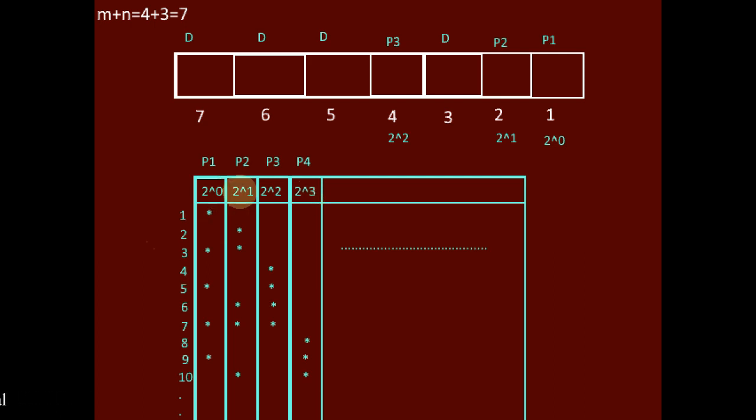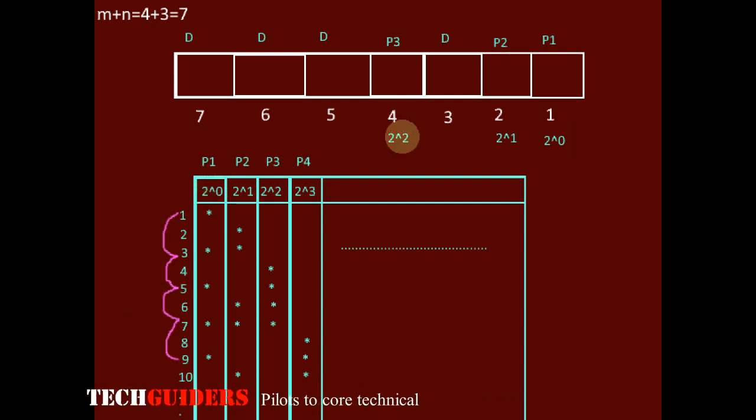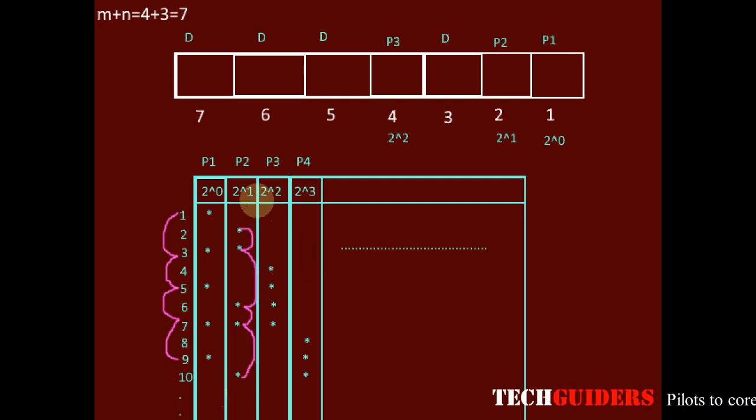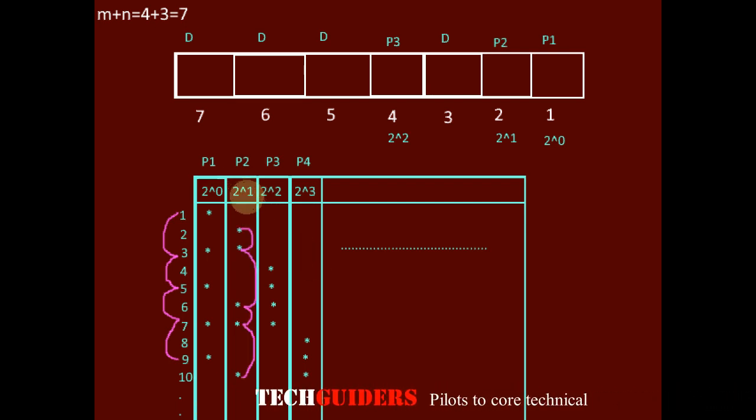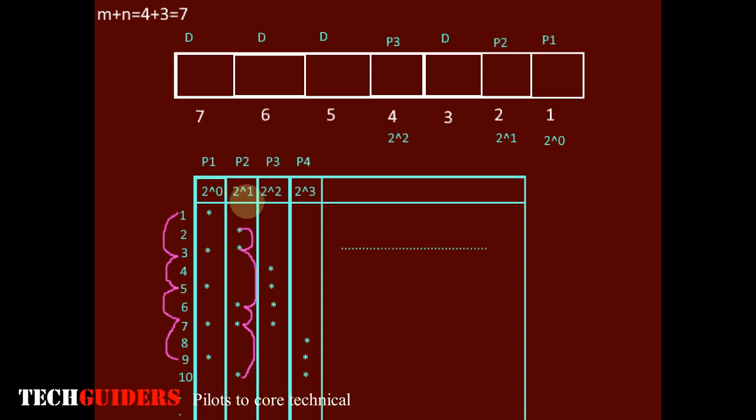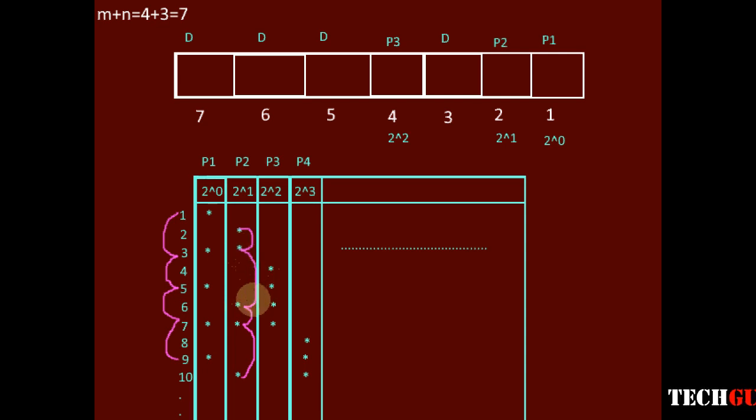Now, the parity bit at the position 2 to the power 0, that is the parity bit at the position 1, will take care of the data bits at all these positions 3, 5, 7, 9, and so on. Similarly, the parity bit at the position 2 to the power 1, that is the parity bit at the position 2, will take care of the data bits at the positions 3, 6, 7, 10, and so on.